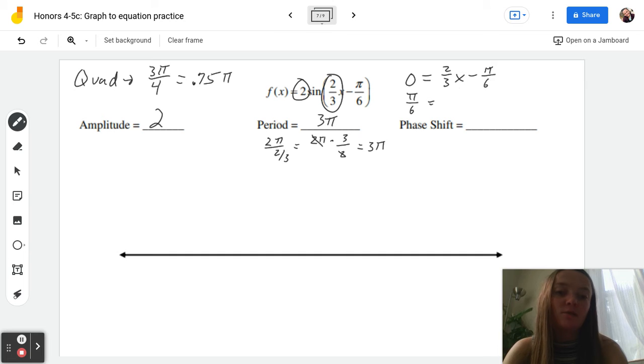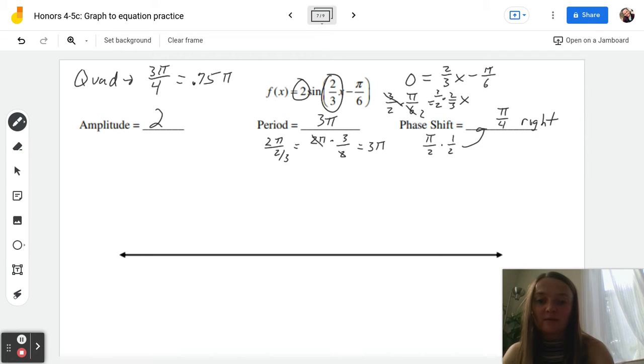If I move pi over 6 over, I get 2 over 3x. I'm going to multiply by the reciprocal. Sorry I'm moving so fast, but this is not what the problem is about. If I cross simplify, I get pi over 2 times a half, which gives me pi over 4. So I'm going to be moving to the right pi over 4.